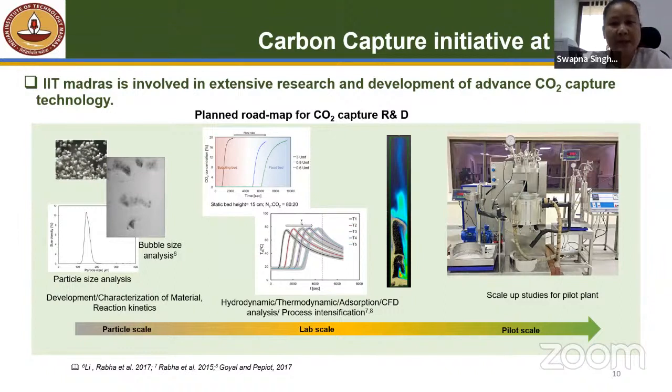The main target is to look at particle size and material characteristics at the lab scale, and finally at a pilot scale, and then the main aim is technology transfer to an industrial scale. So this is the initiative of carbon capture at IIT Madras.